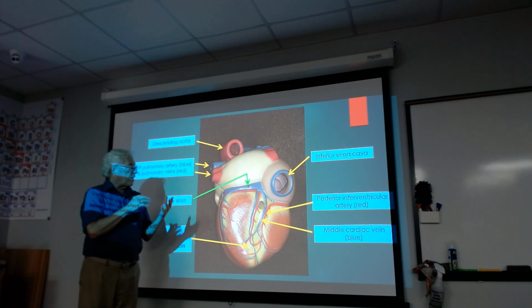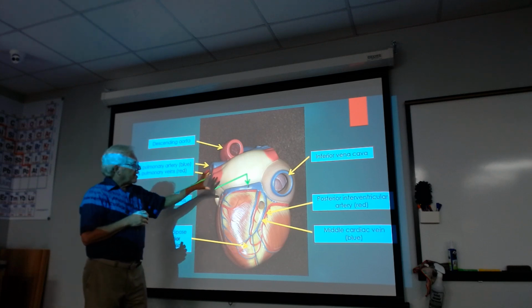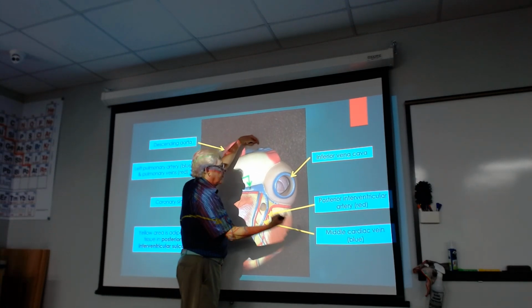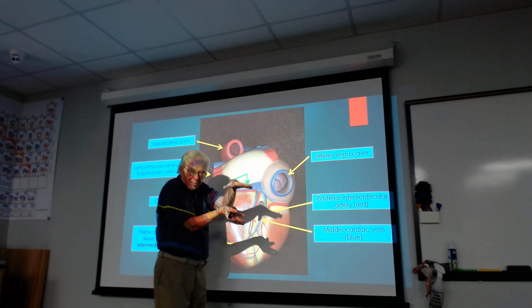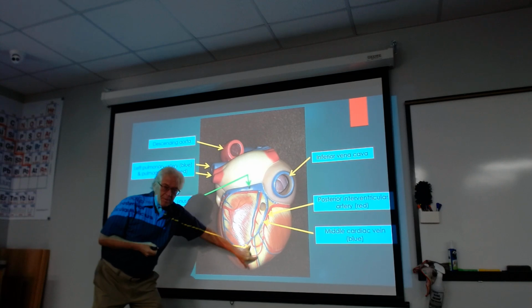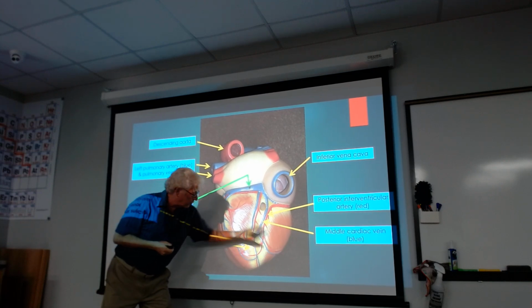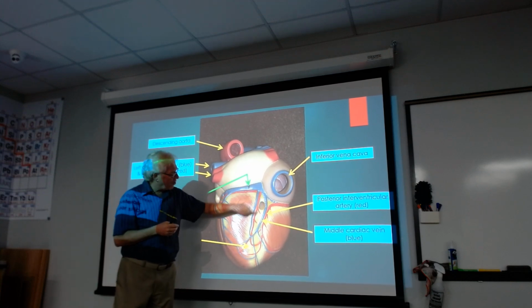And now we're turning it around to the other side. And this is the back side, actually. When you look at the back side, remember, you had your superior vena cava. This is your inferior vena cava. And this is the back side, but also flipped a little bit so you can see it better. And notice, the fatty material is going to be in the posterior interventricular sulcus. What I don't like is they put two arteries and two veins.